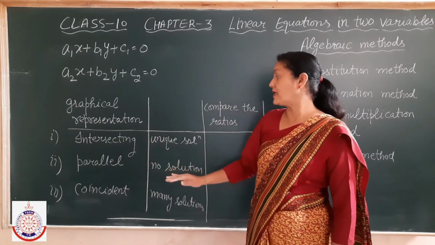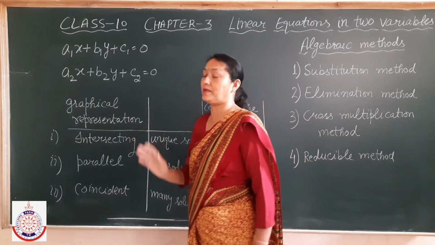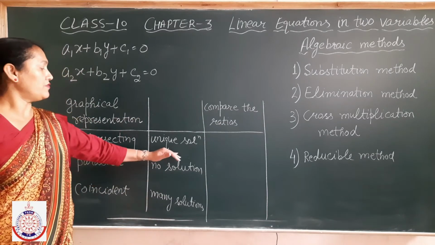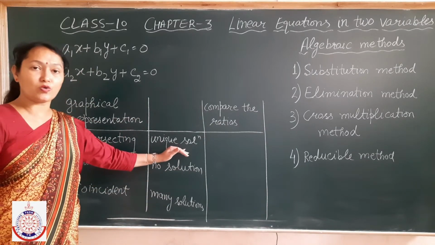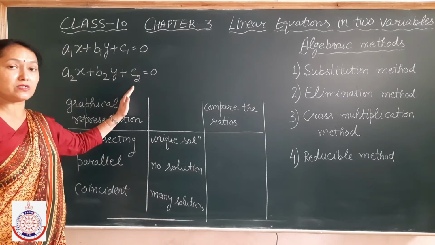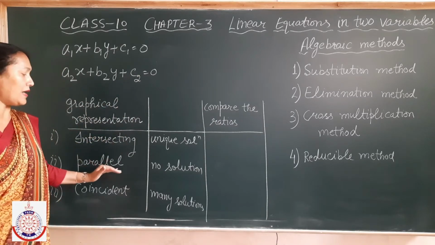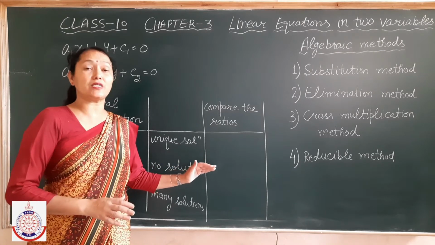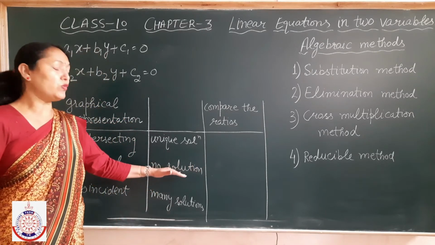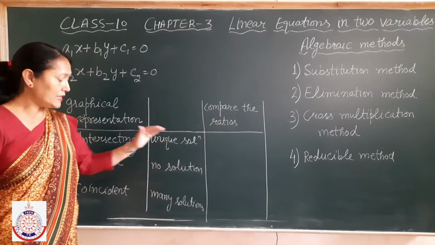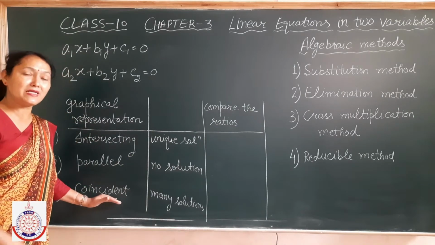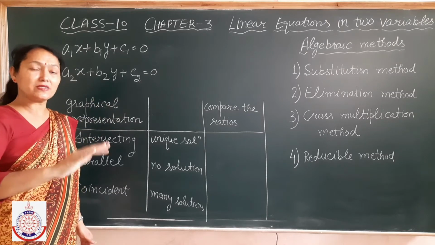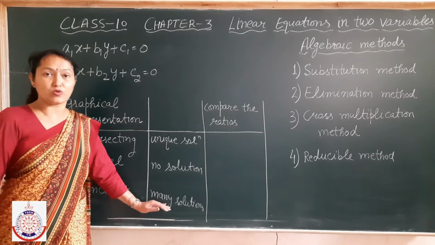If the lines are intersecting, meaning they cut each other at a single point, we have a unique solution for these two equations. If the lines are parallel, they do not meet at any point, so we don't have a solution. If the lines are coincident, they cut each other at many points, so we have many solutions.